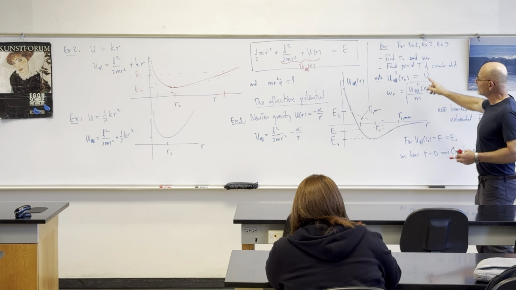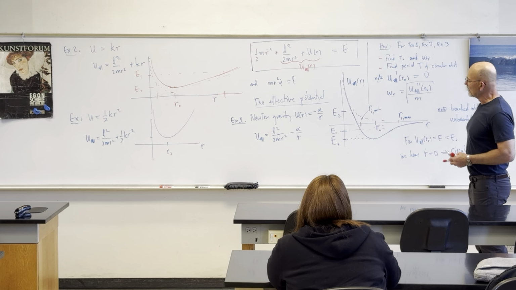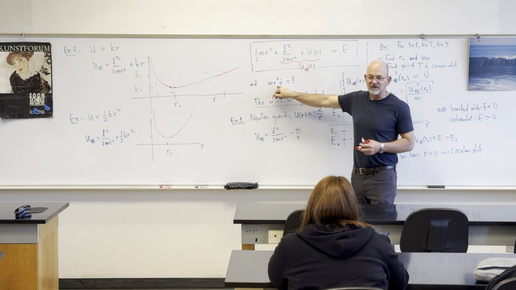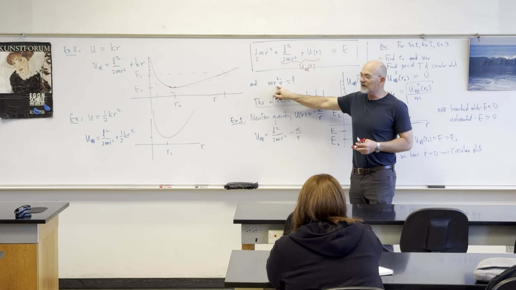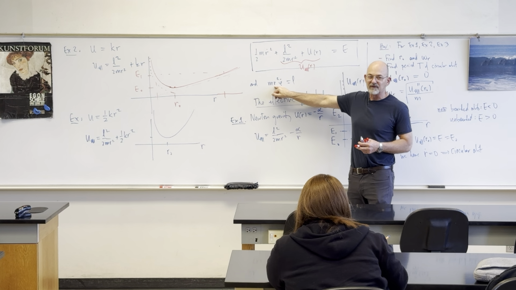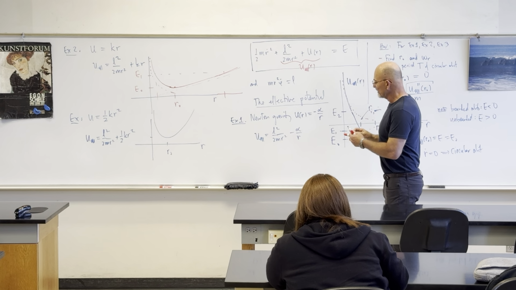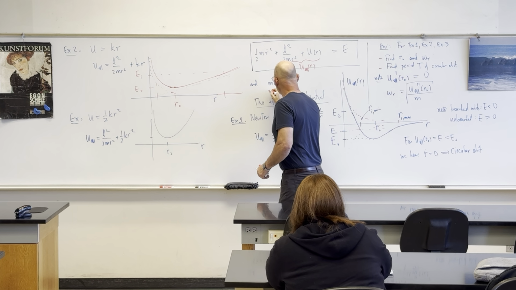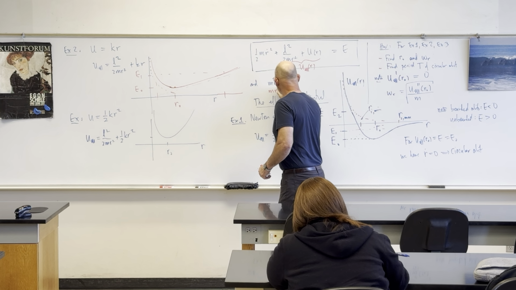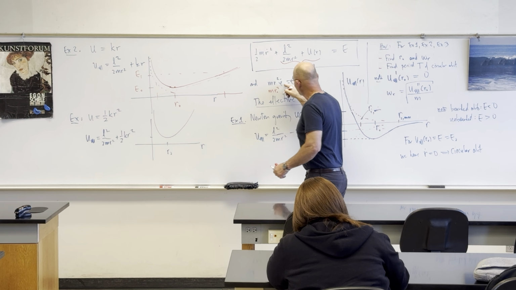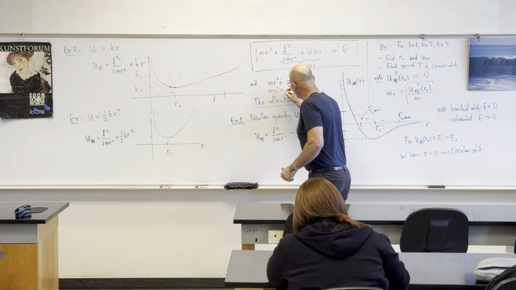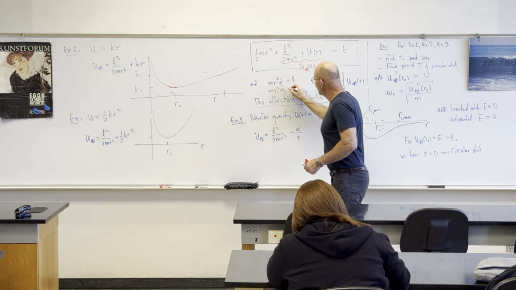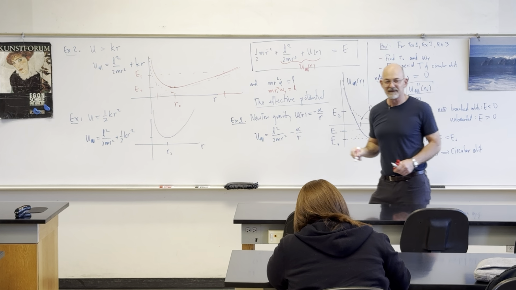The period T of the circular orbit is going to come out of this expression here. The circular orbit is controlled by this expression. I can even put this under here, so you have M R naught squared, and then this phi dot is an omega sub phi, is equal to L, right?